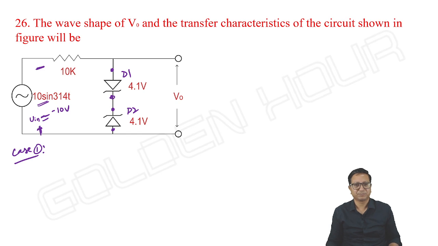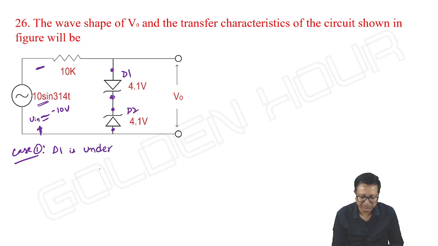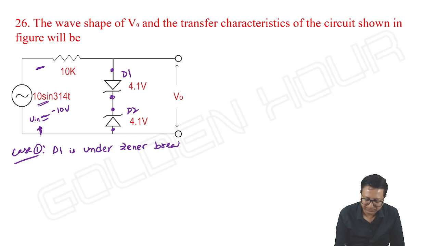Very simple for negative peak. So D1 is under Zener breakdown and D2 is forward biased.